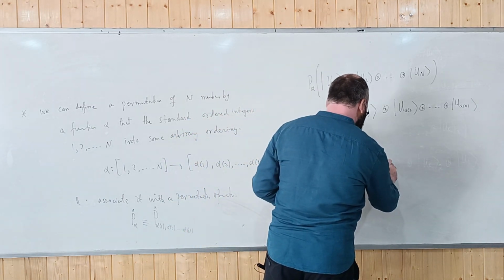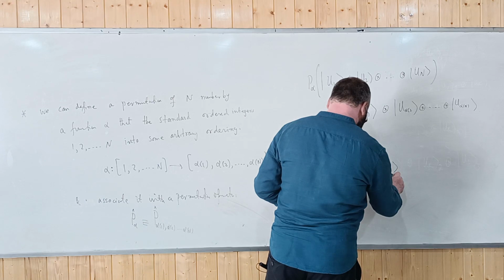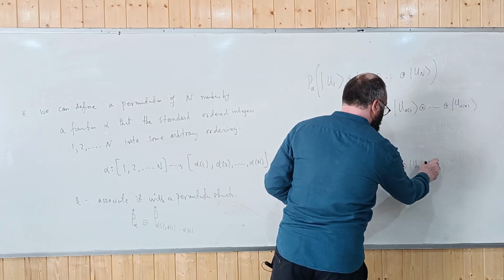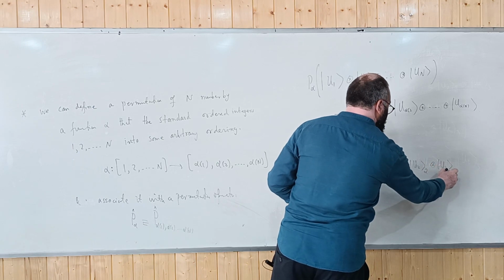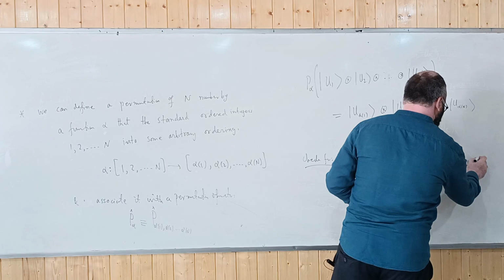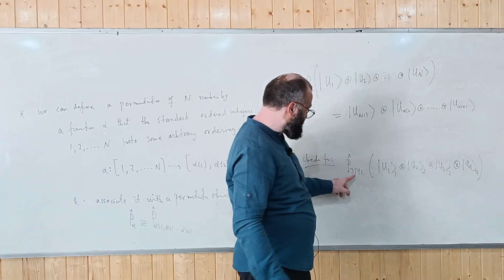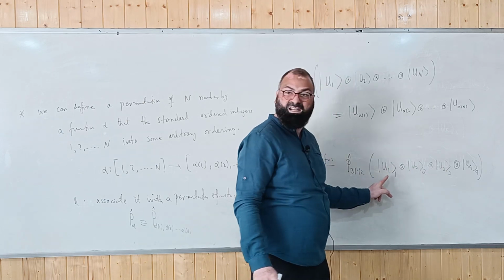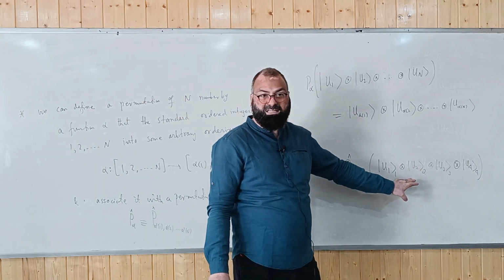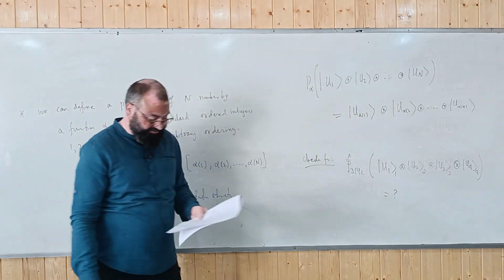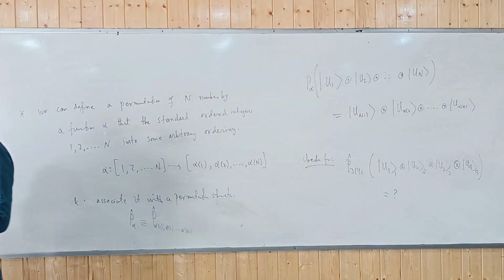Let's say you have U1 at position 1, U2 at position 2. The state at the third position will come to the first place, so U3 will come here. You can do this kind of permutation. So it's now simple.